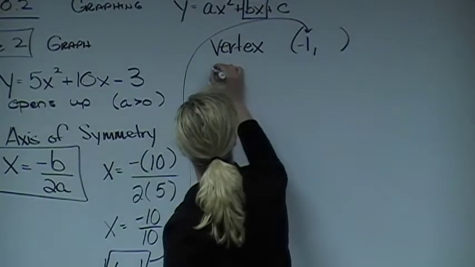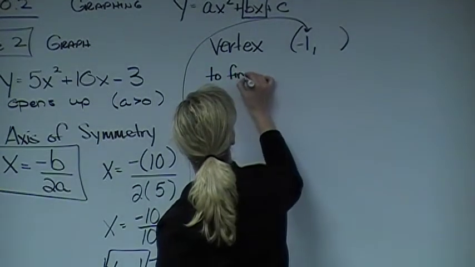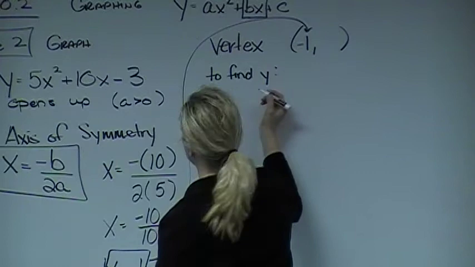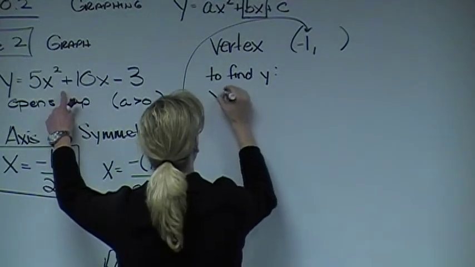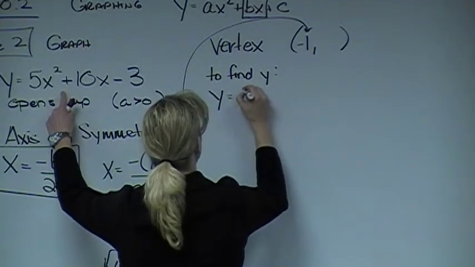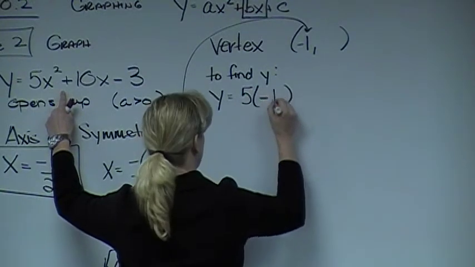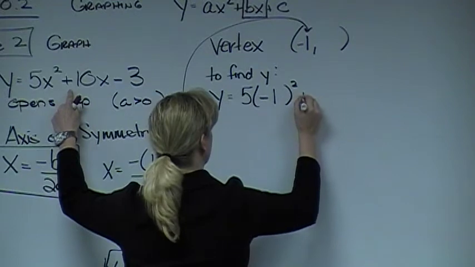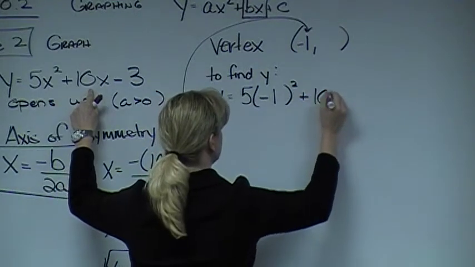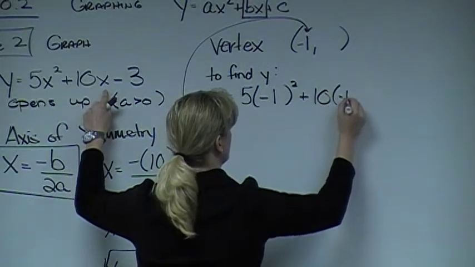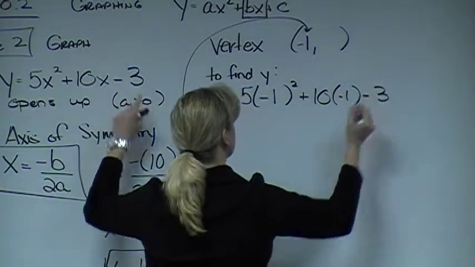Here I go. To find y, I'm going to plug it into this. So y equals 5 times negative 1 squared plus 10 times negative 1 minus 3.